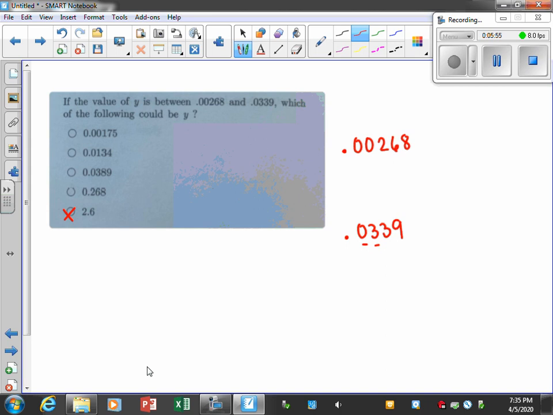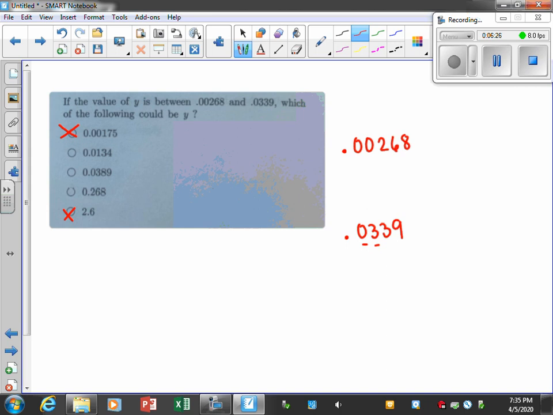You can also rule out A, B, C, D, E. Actually, hold on. Let's see. What else can we rule out? Oh, this one's smaller. So A is too small.